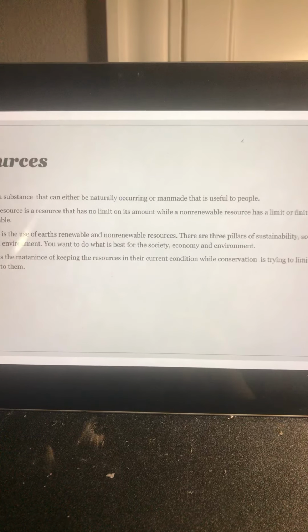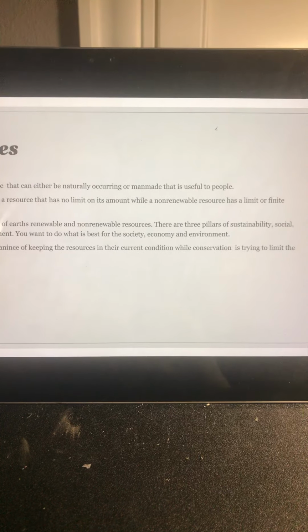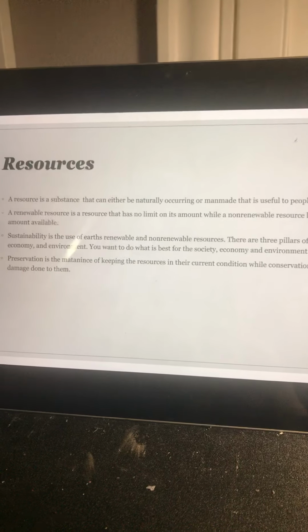It's constantly there, and there's not really a limit on how much we can use. While a non-renewable resource has a limit or a finite amount available, like coal or water. People don't usually think of water as a non-renewable resource because they think, oh, water's so prevalent, but in a lot of places it's not, so it would be a non-renewable resource.